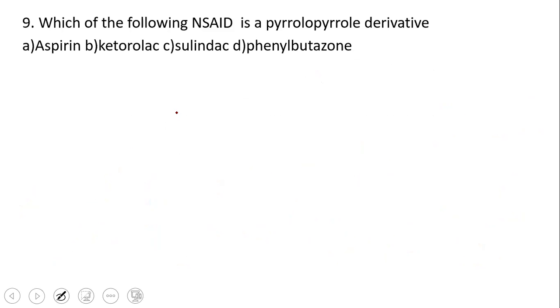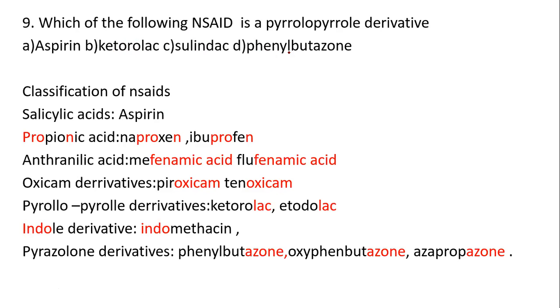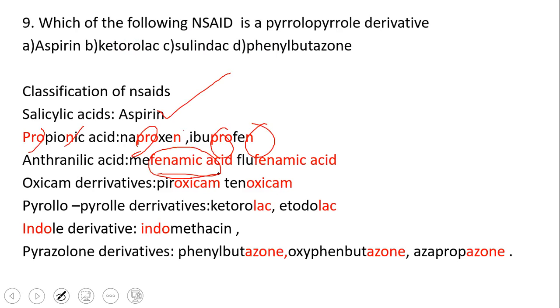Question number 9. Which of the following NSAIDs is a pyrrole derivative? Option A, aspirin. Option B, ketorolac. Option C, sulindac. Option D, phenylbutazone. Classification of NSAIDs: salicylic acid derivative, aspirin, all you know. Propionic acid derivatives, which are also asked in competitive exams: naproxen, ibuprofen. Anthranilic acid derivatives, where "fenamic acid" is at the last: flufenamic acid and mefenamic acid.